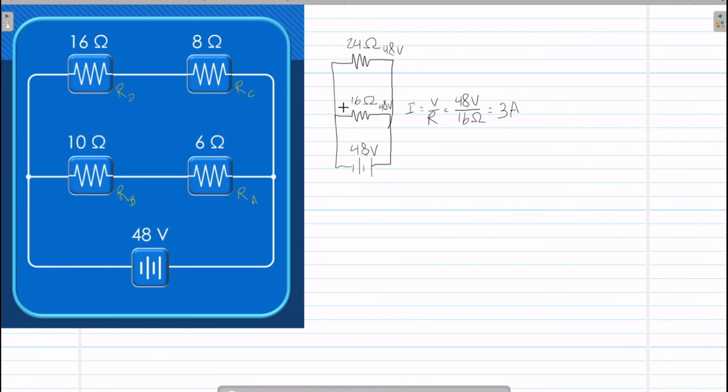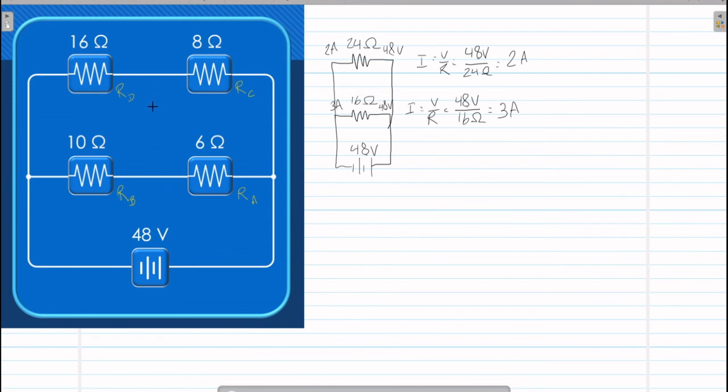So the current across this first branch will be 3 amperes. And on the second branch, the current will be equal to 48 volts divided by 24 ohms. 48 divided by 24 is 2 amperes. So the current across the second branch is 2 amperes.